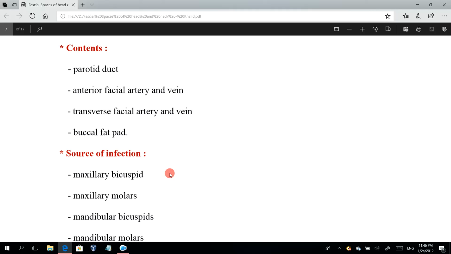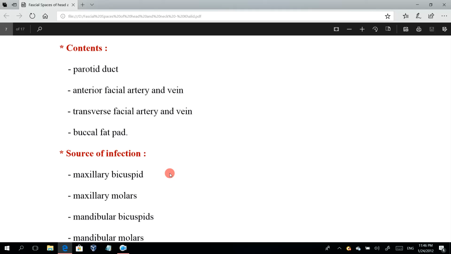So the parotid duct is one of the contents of the buccal space. The second content is the anterior facial artery and vein, and also the transverse facial artery and vein.